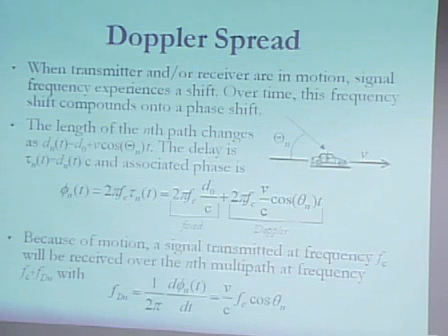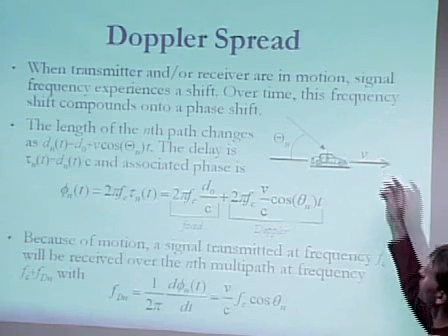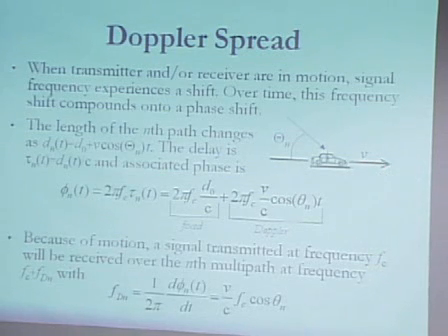If you're moving away, your motion will expand the cosine, and so reduce the frequency. So this frequency shift because of motion compounds into phase differences. That's why this is pretty important. Even if the shifts are small, as they will be in practice, over time they compound into phase differences that are significant.